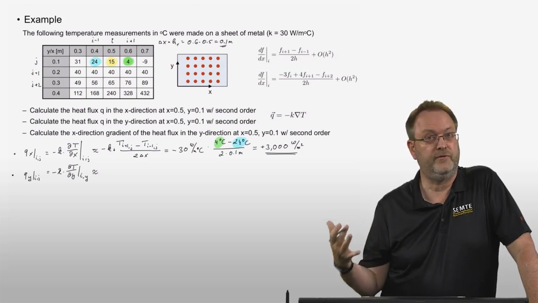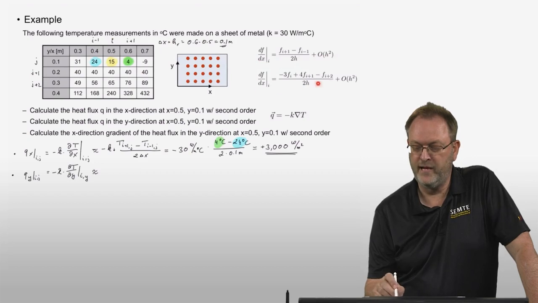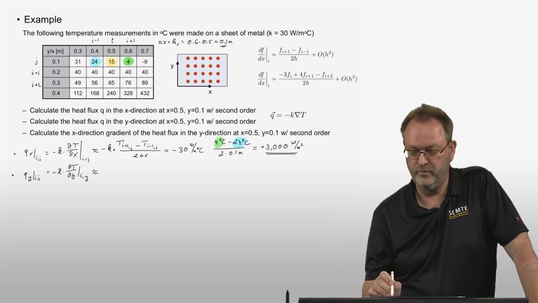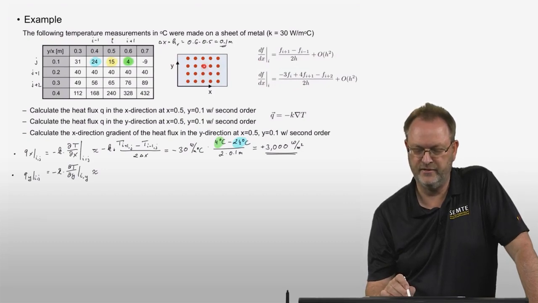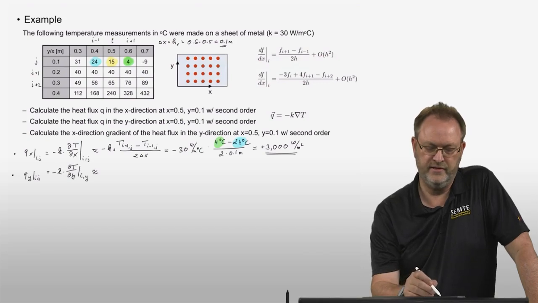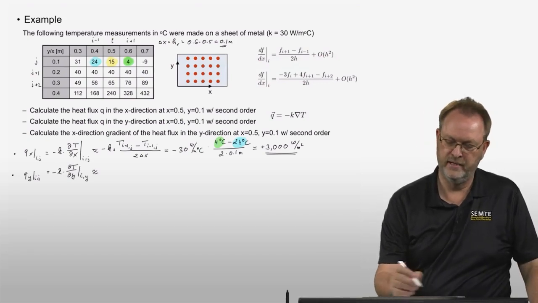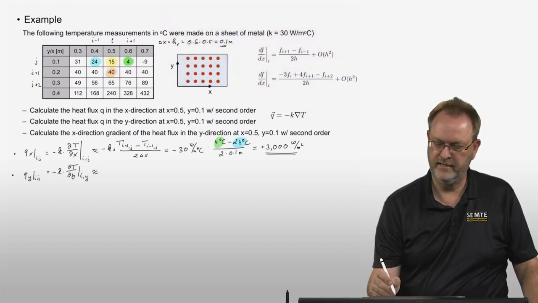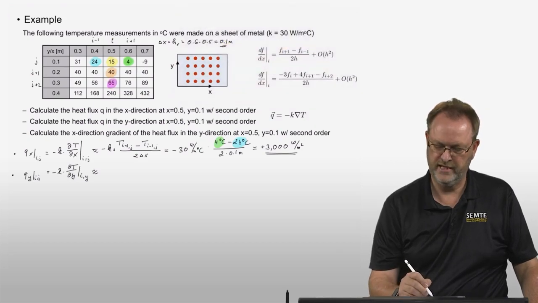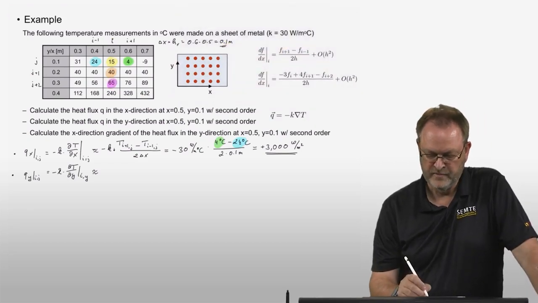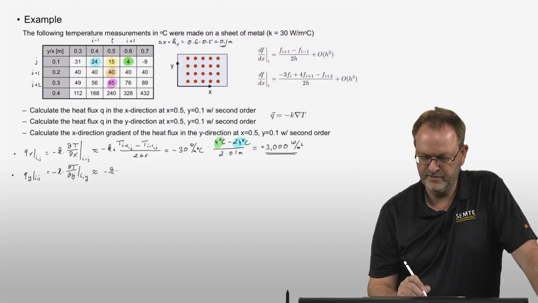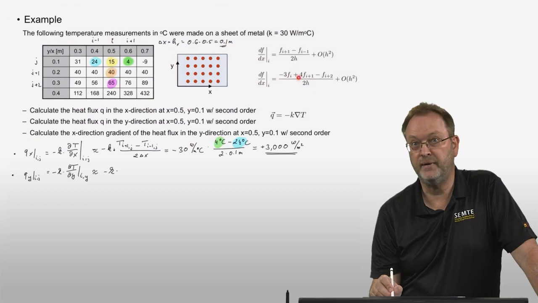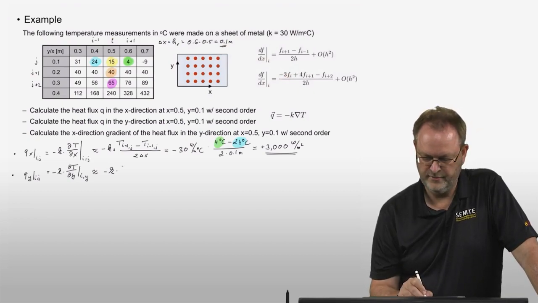But in the lectures before this, we derived formulas that were one-sided that we can use at the boundary. The one that we will need here is the one that goes into the plus y direction, that uses these 3 points. In this table, those would be these values here. Let me write the formula out. That would be negative k times, using this formula up here, minus 3 times T at i, j.